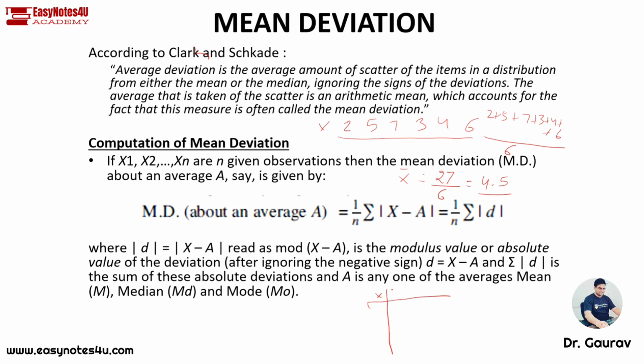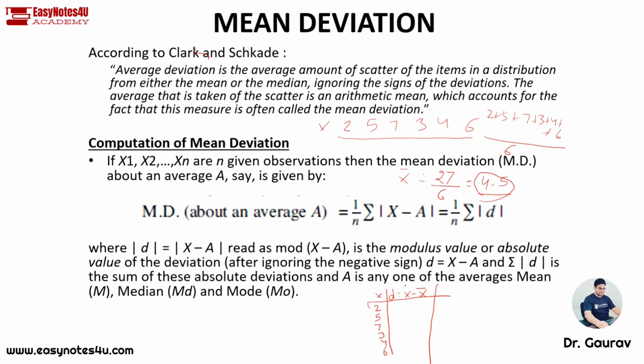Now we have to take the deviation from each and every value, x minus x bar, where x bar is 4.5. The values are 2, 5, 7, 3, 4 and 6.